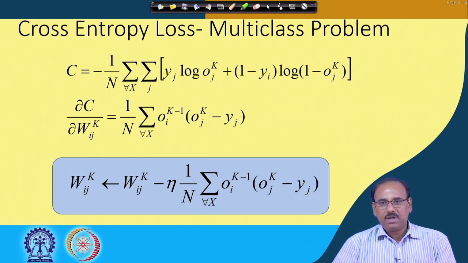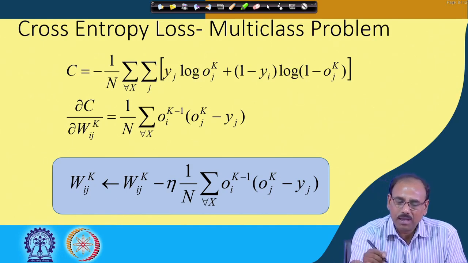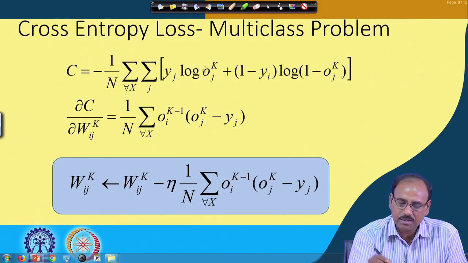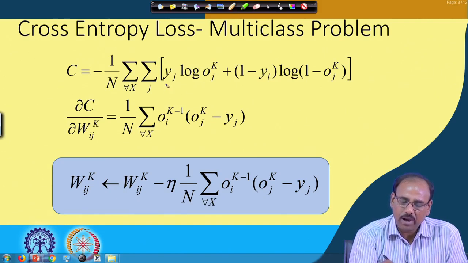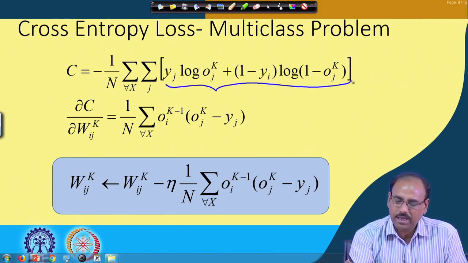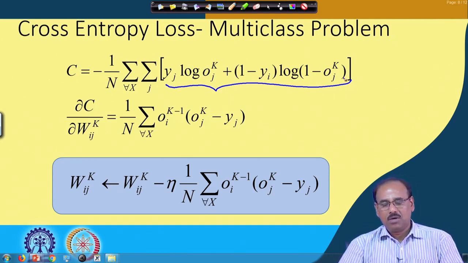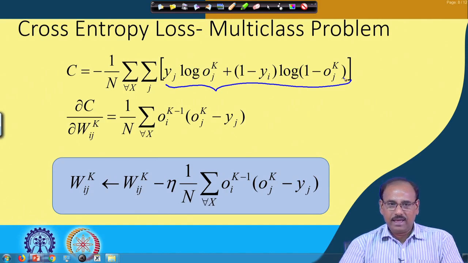So, the same definition of the binary cross entropy for every individual output node I can use. For the jth node, the corresponding cross entropy is defined as Yj log Ojk plus 1 minus Yj log 1 minus Ojk, take the negative of this. That becomes the binary cross entropy corresponding to the jth node in the output layer.